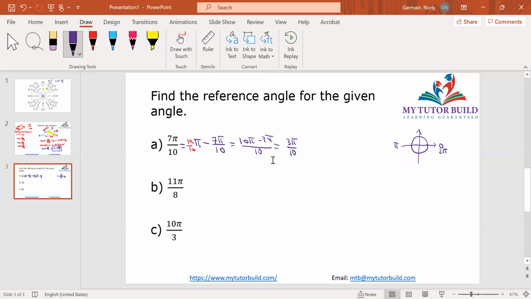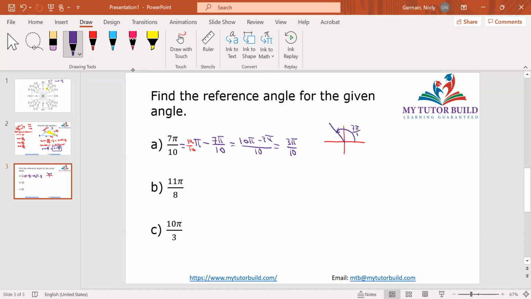Now, if you want to see it, what is the reference angle at this point? If I was asked to graph 7 pi over 10, it would fall somewhere here.